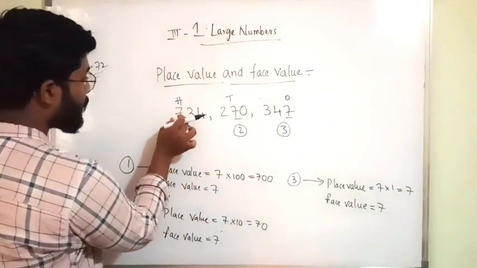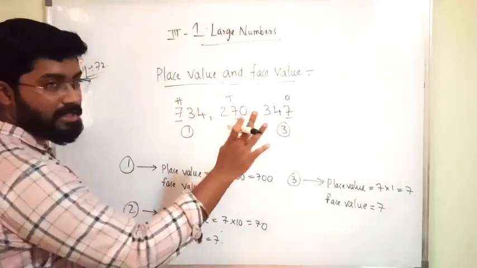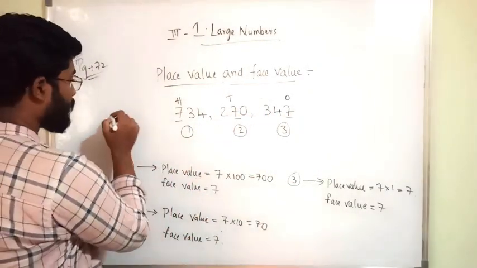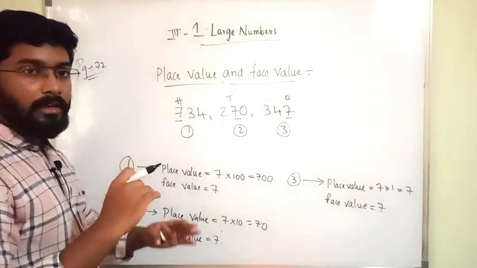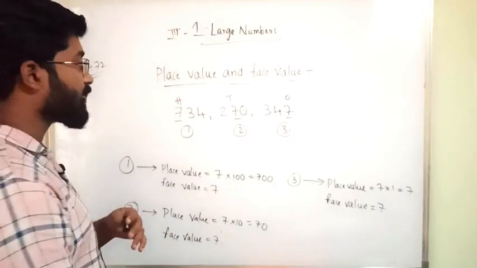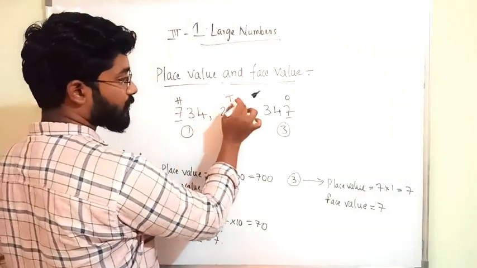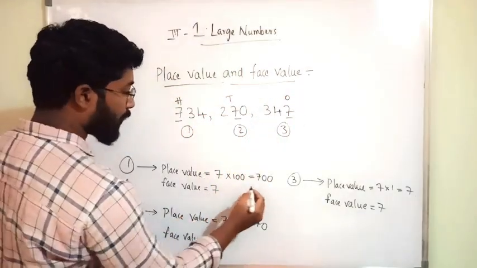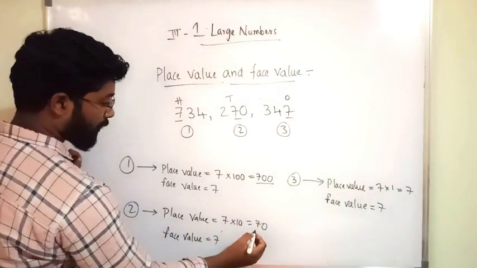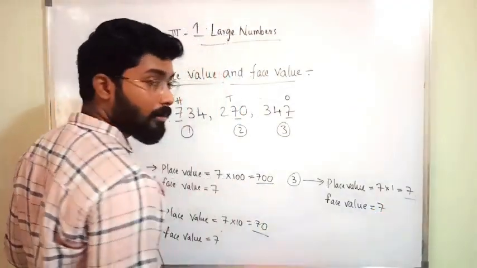So for the same digit, the place value is changing because of the place. This all depends on place only. If the place is changing, place value will be changing. From hundreds it went to tens, and here ones. That's why place values are also changing. This is 700, this is 70, this is 7.